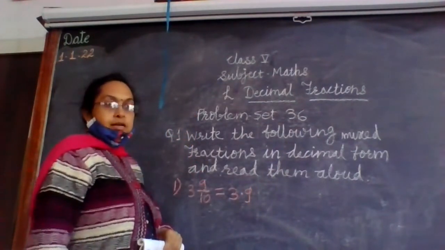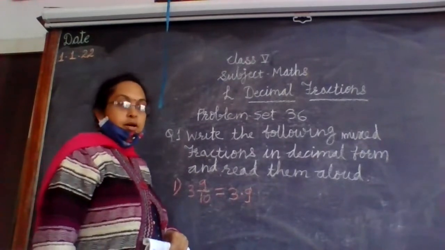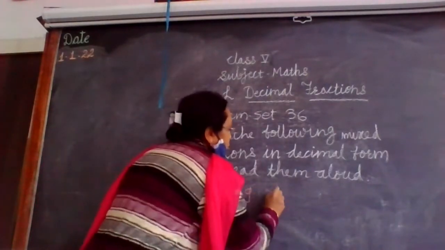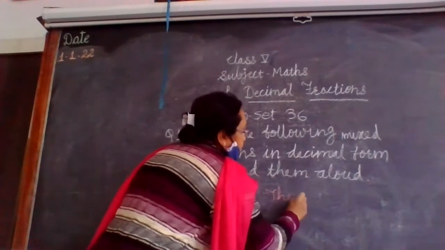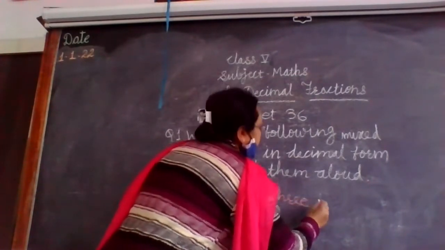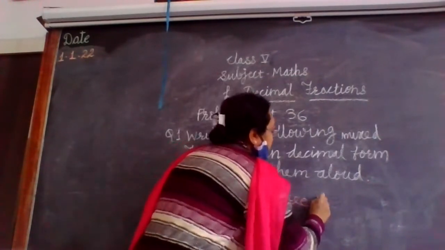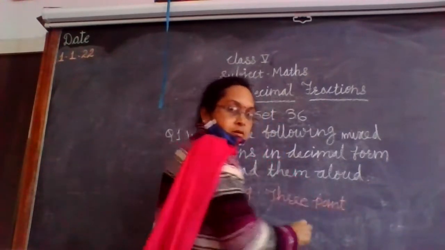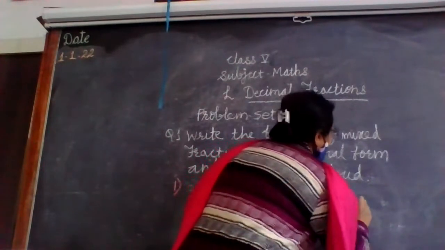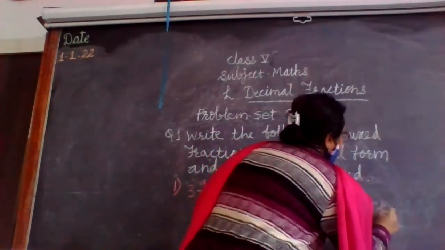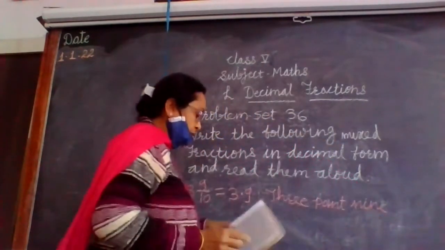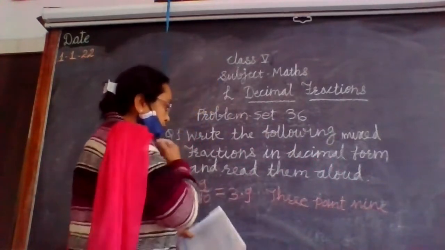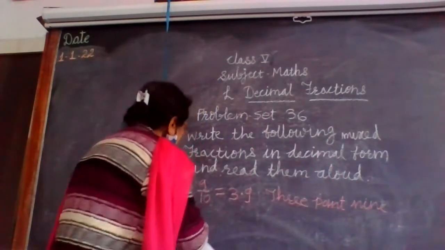So how to read it aloud? 3.9. I'll write it down. You have to do this practice. 3.9.